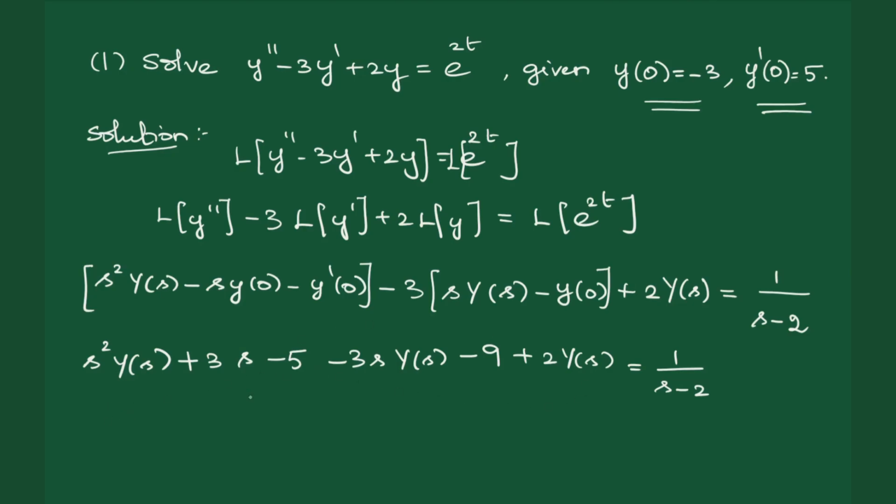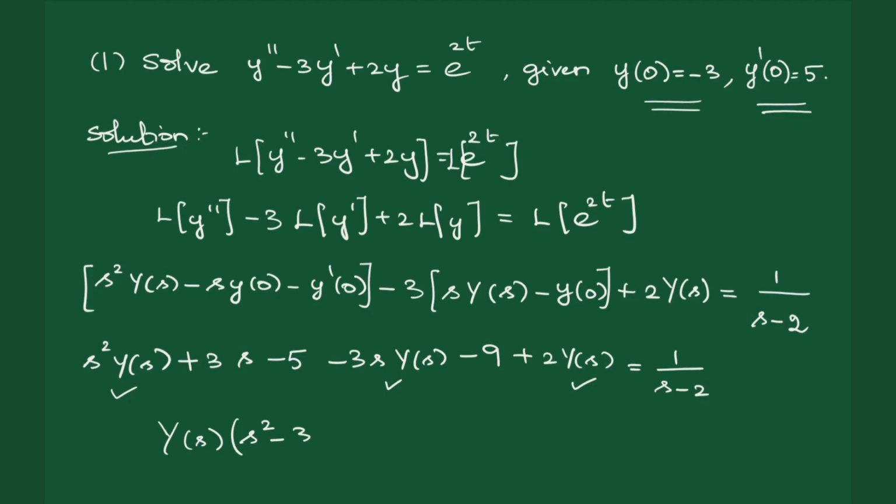Now we can simplify this, and from this what we are going to do is find what is y of s. This is the next step. So y of s means actually here we can write y of s by taking it as a common term. We can write s square, and then here, this is the term containing y of s.